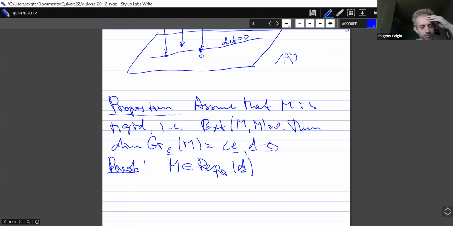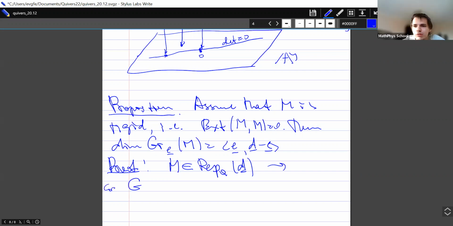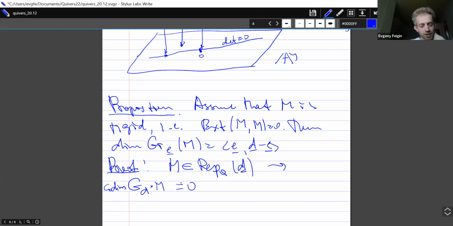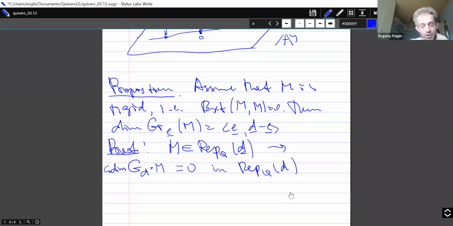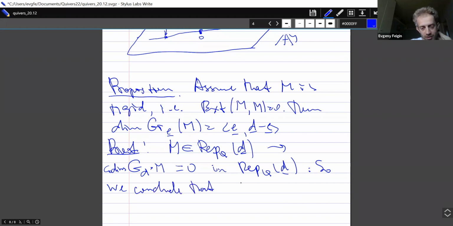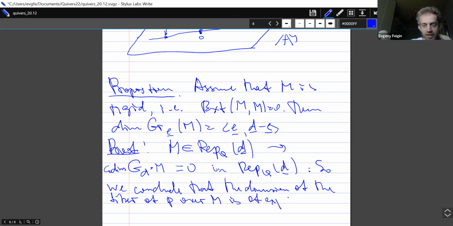It's, how to say, the co-dimension of the orbit is 0, and then we have only one orbit. As far as I remember, then we have only one representation. Yeah. So we conclude that the dimension of the fiber of P over M is the expected one.